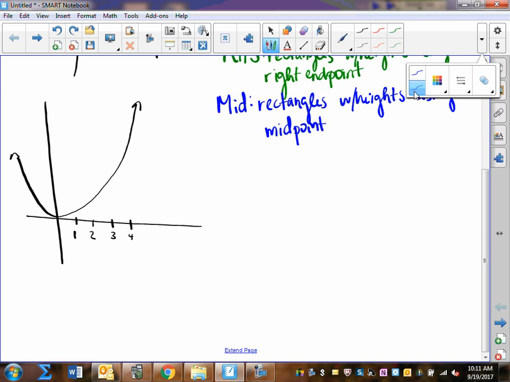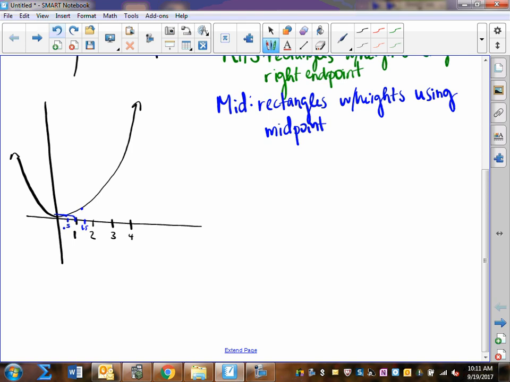For this first rectangle, what value determines the height? 1/2, yeah, 0.5. So I would go to my height at 0.5, and that would make my little rectangle. Then from 1 to 2, what determines that height? 1.5, and so on and so forth.